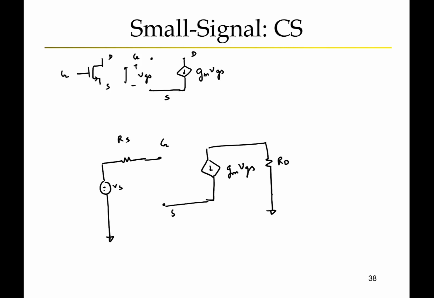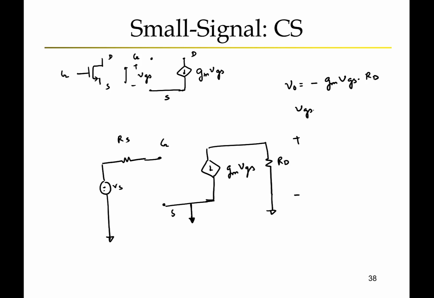We have RD, and this node also goes to ground, as this is the common source, so the source should be grounded. So we can easily calculate the output voltage VO, which should be given by minus Gm VGS times RD.